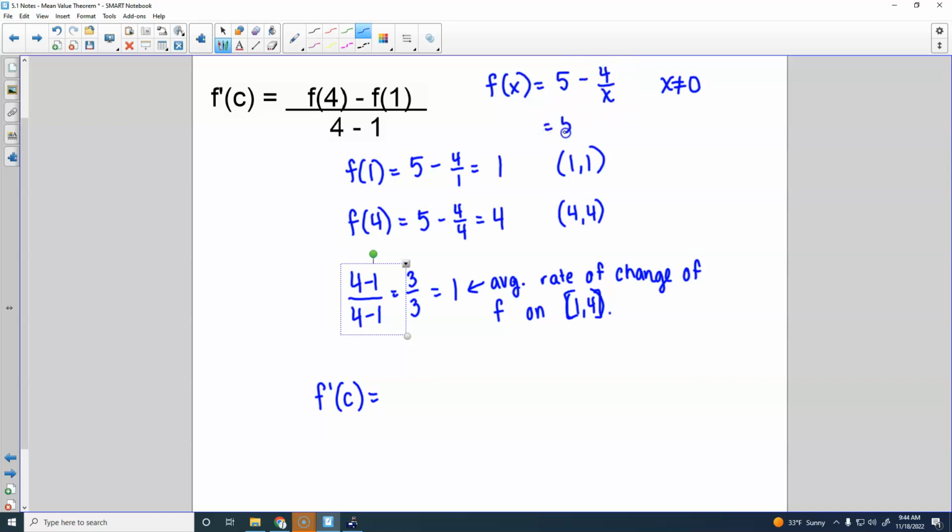The easiest way to deal with this is to use negative exponents. You can use quotient rule, but the easiest way is negative exponents. So you're just going to have positive 4 times c to the negative 2, which I could write as 4 over c squared.